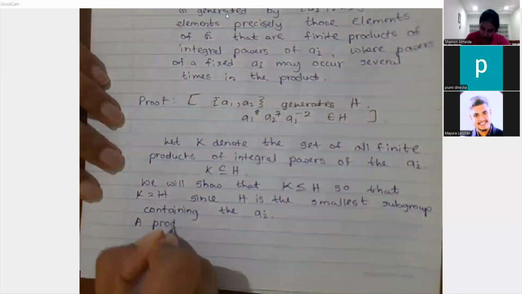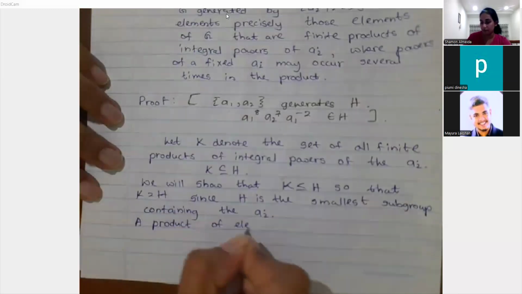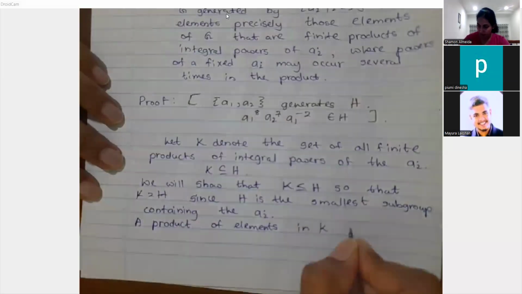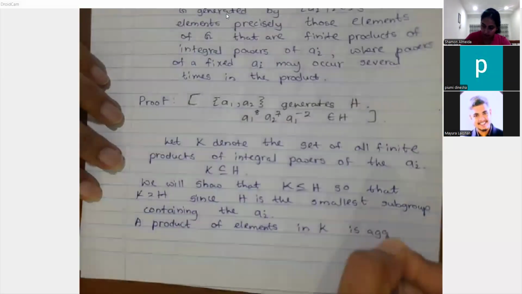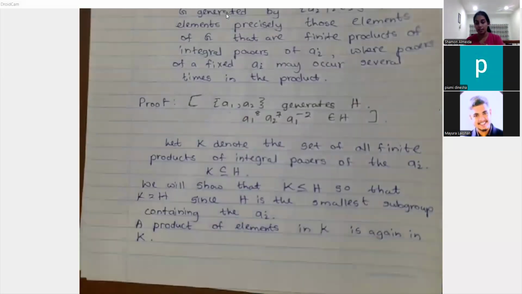Let me write: a product of elements in K is again in K. It's very clear. Why? You take finite products of integral powers. Then you take the product, you end up with another finite product of integral powers.